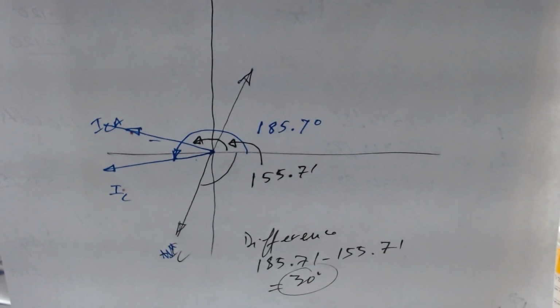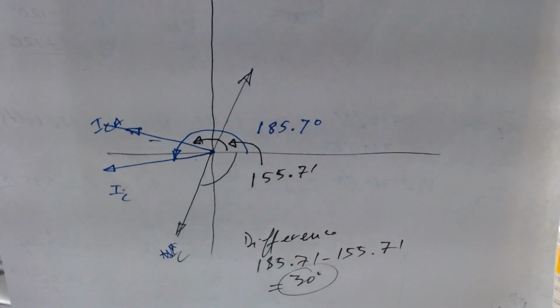Demonstration in a phasor diagram. The current IC makes with the reference axis an angle of 185.7 degrees, and the phase current ICA makes 155.71 degrees with the reference.